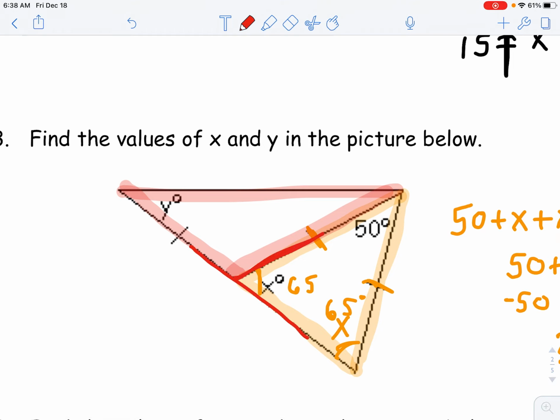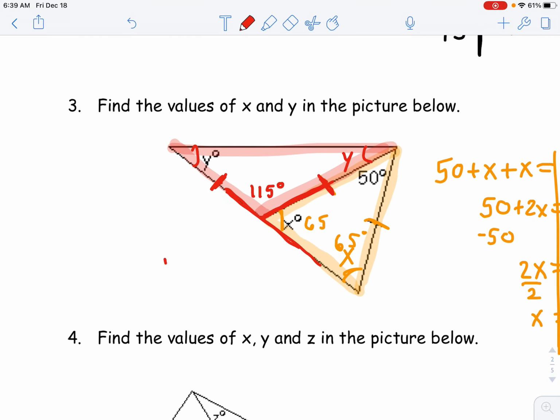We have a linear pair. If x is 65, that means this angle right here is 115. Similarly, this triangle is an isosceles triangle, so these base angles are the same, so this is also y. So I have 2y plus 115 equals 180. 2y equals 65.